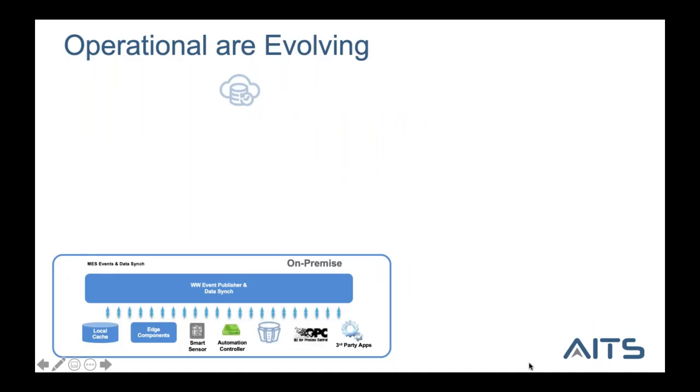So basically, the AVEVA Insight will be a second level of the operation. We are not here to replace any existing local application or local operation that's already ongoing with the local sites.